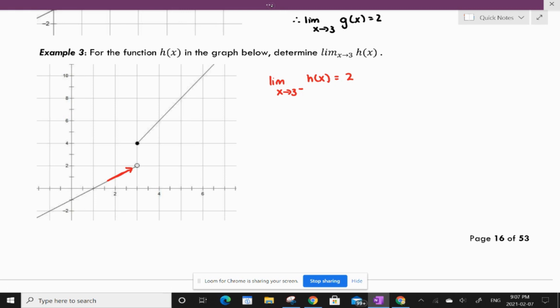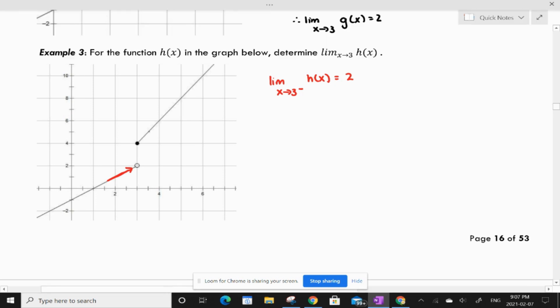Now, coming in from the right-hand side, I'm looking at this portion. The limit as x approaches 3 from the right-hand side for my function h of x, the y value that it's approaching is actually 4. Now when you compare your left-hand side limit and your right-hand side limit, what do you notice?